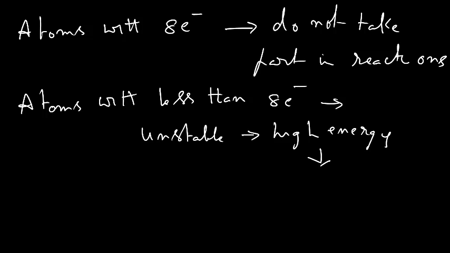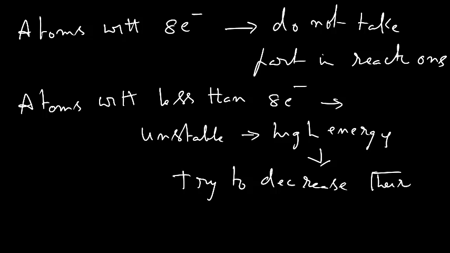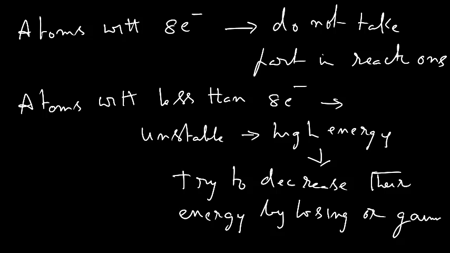Therefore, they try to decrease their energy. How do they do that? By getting octet configuration. How do they get the octet configuration? By losing or gaining outer electrons.